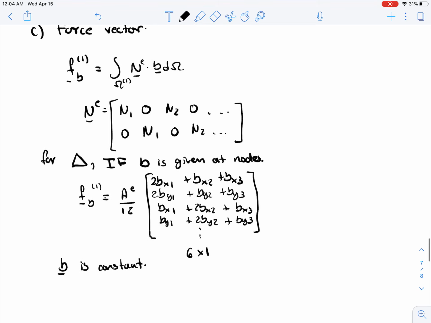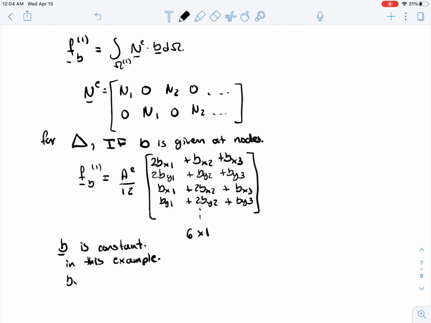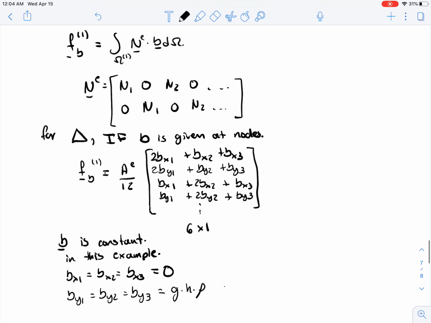And what you would have to do in this case, B is constant. So in this example, bx1 equals bx2 equals bx3 equals 0. So B is constant everywhere, and we know that the x component is 0, and by1 equals by2 equals by3 equals g h rho, which is gravity times the thickness times the density.